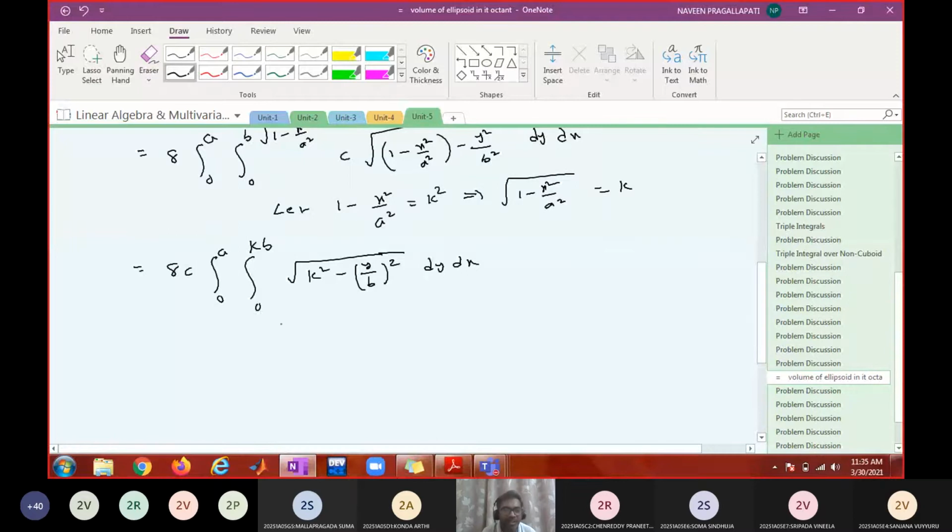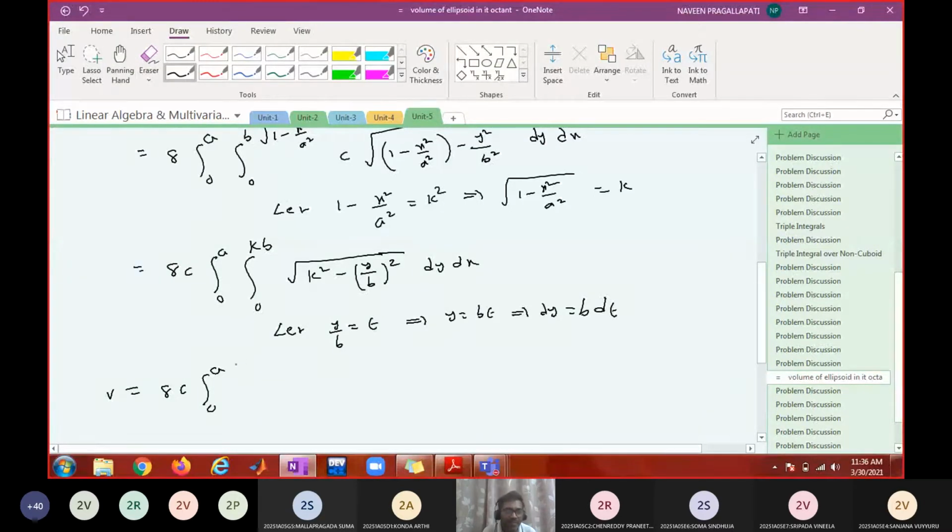Okay, now you just take y by b equal to t. What happens? y equal to bt. Then dy equal to b dt. Then what will be the limits? When y equal to 0, t will be 0.